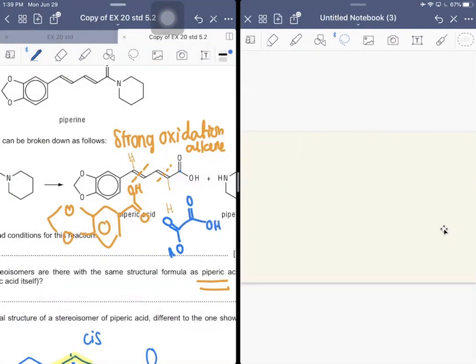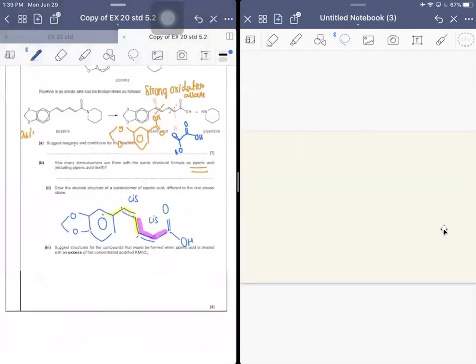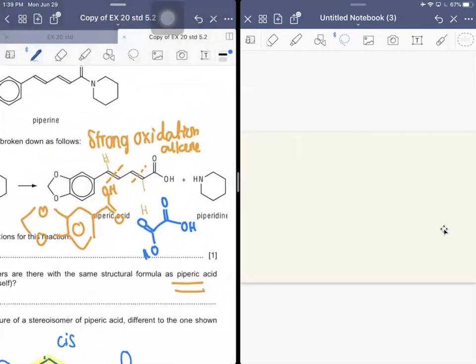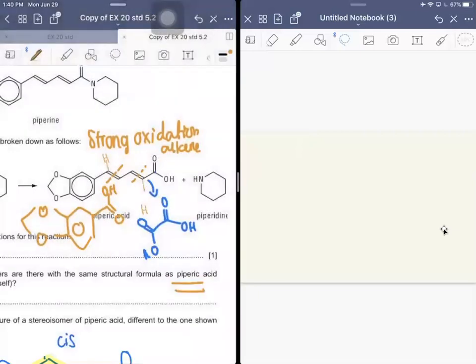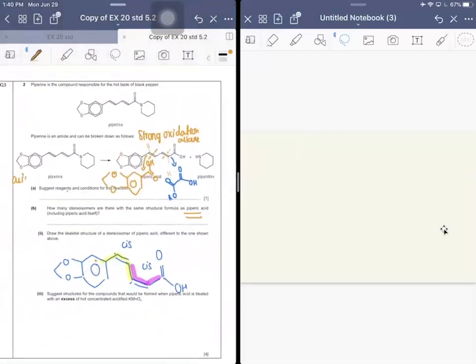You can either draw out the structure. What did they say? Suggest structure. So you can draw out the structure, or you can write down the structural formula. For me, it's easier to draw out the structure so you can see. Please refer back to your AS stuff, which is strong oxidation of alkene.